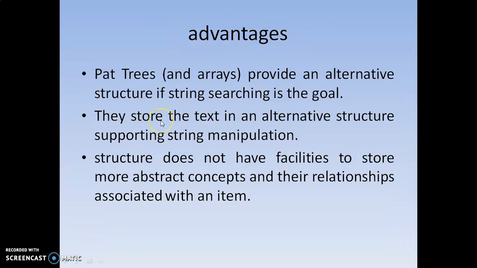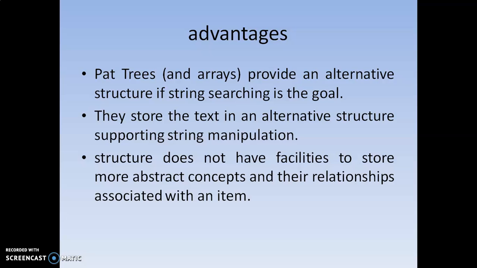So what are the advantages of the tries? Tries provide an alternative structure for searching of the code. They store an alternative structure supporting string manipulation. One more thing, it does not have the facility to store more abstract concepts and their relationships. It is also not well suited for storing the concepts and relationships, as with N-gram data structures.